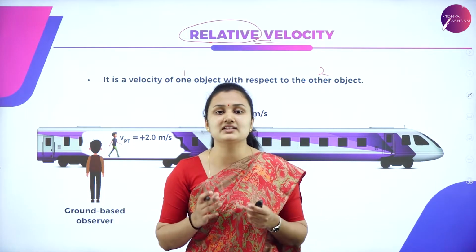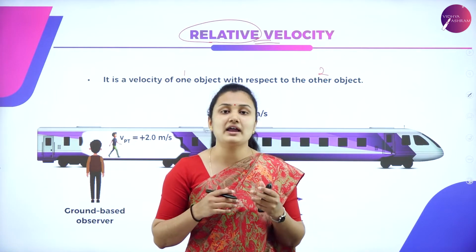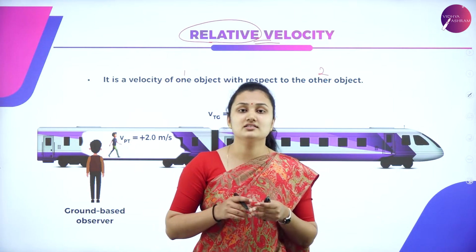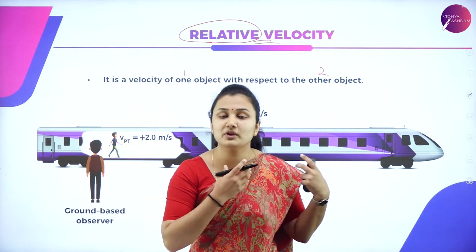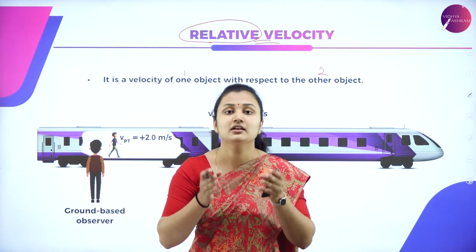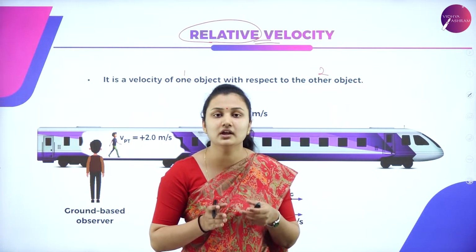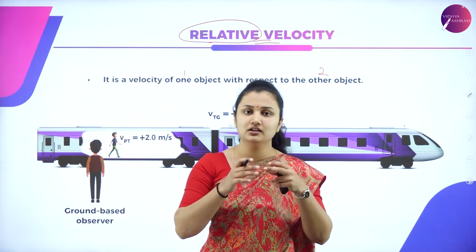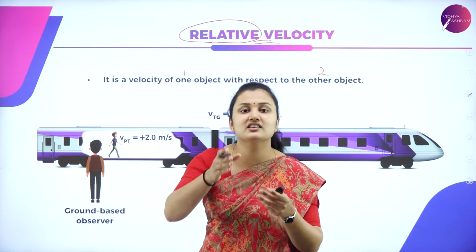If there are two cars moving on a straight road and I ask you to find out the speed, if a single car is moving, it is difficult to tell which car is moving faster. When there is another car moving parallel to car 1, you can tell which car is moving faster. So how are we telling that a particular car is moving faster? Relative to the other car which is moving near it. If you are moving in heavy traffic, there are 3 to 4 vehicles, A, B, C, D, and I want to know which car is moving faster.